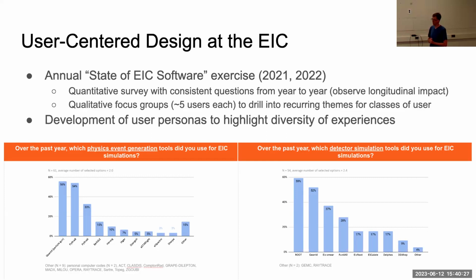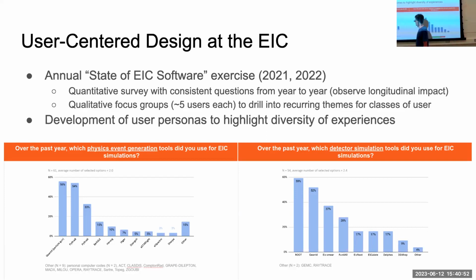So we get a fair number of responses, and we can see what it is that people are using for detector simulation. So ROOT, Geant4, eicsmear, FunWithAll, and so on. And we see things get smaller and smaller. DD4hep is probably in the latest, if we were to do the survey right now, DD4hep would probably be up here at over 50%, because that's one of the tools that we're using now.